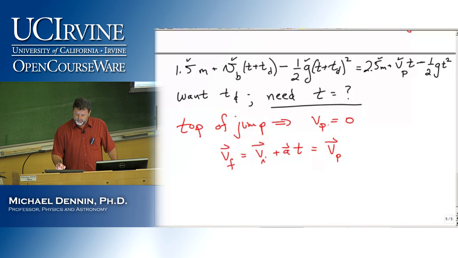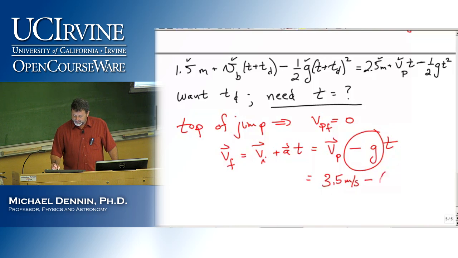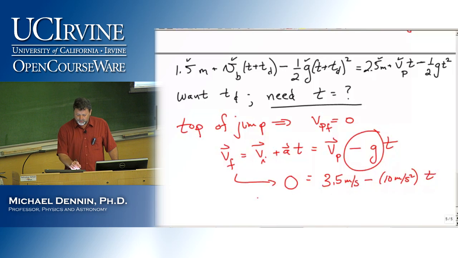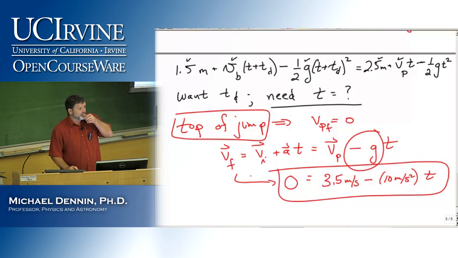Let's call this velocity of player final. It is the velocity of the player initially minus g times time, because g was negative. And that initial velocity was the 3.5. So I know it's 3.5 meters per second minus my 10 meters per second squared times t, and that's going to have to equal 0. So the top of the jump is what's going to tell me how to find t.